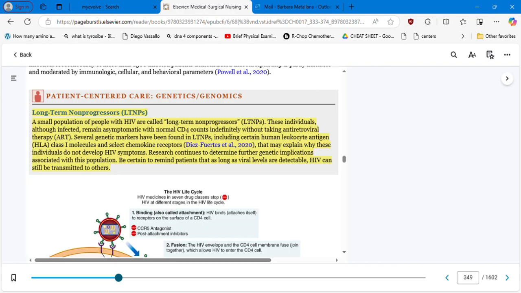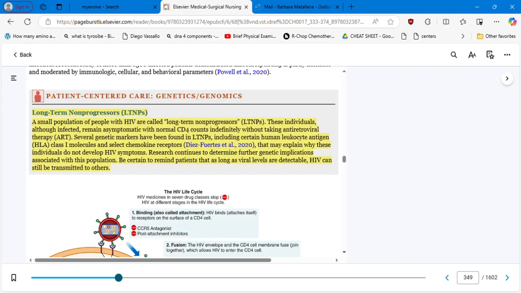So in these people, they found this HLA class 1, human leukocyte antigen, and these select chemokine receptors, and the presence of these may explain why these individuals do not develop HIV symptoms. Research continues to determine further genetic implications associated with this population.